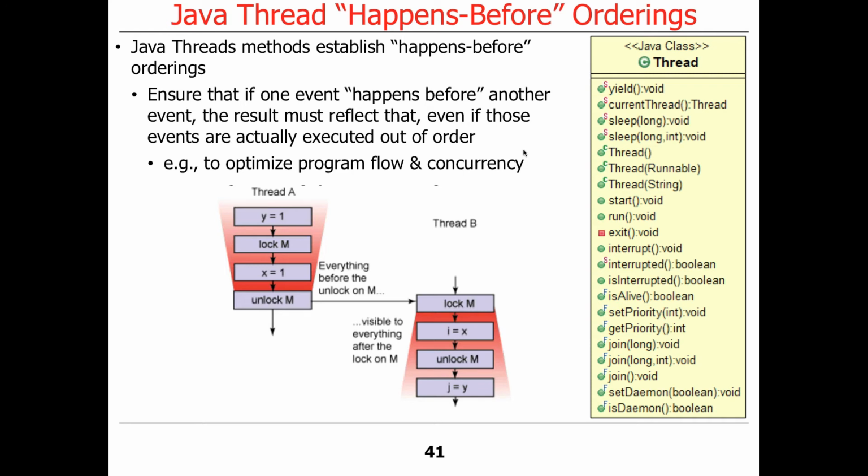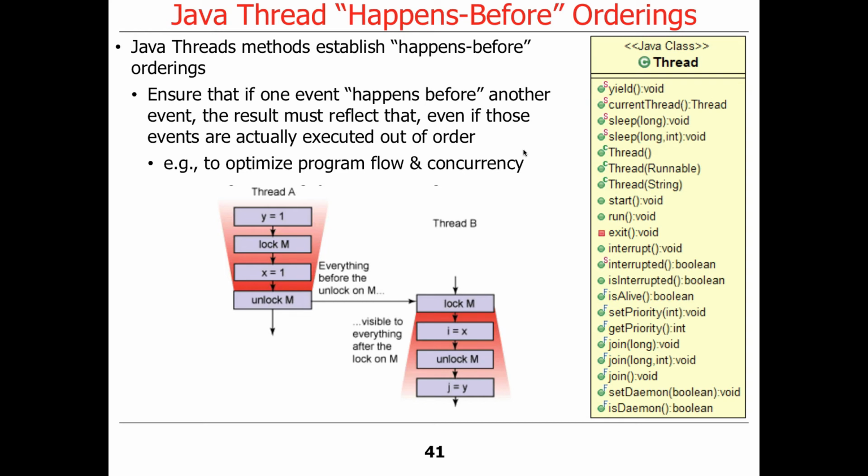The key thing to note is that everything before the unlock on M, all the changes that occurred, especially X equals 1, will be propagated throughout the caches on the multiprocessor or multi-core environment, such that when this code runs, it will see the latest version of X.